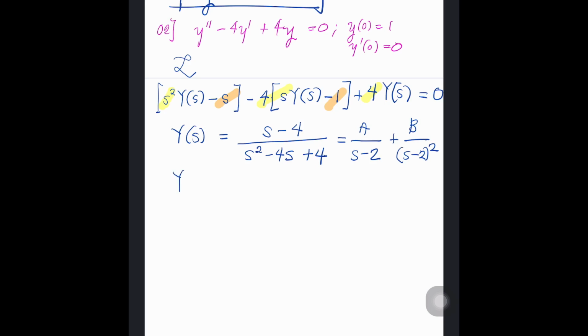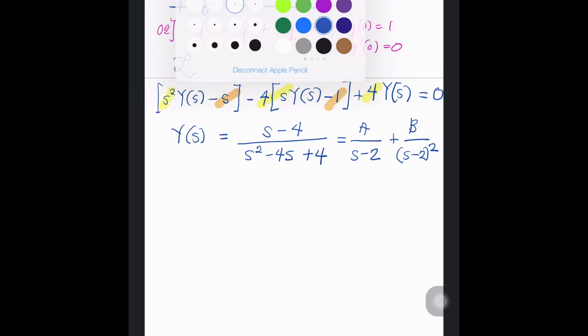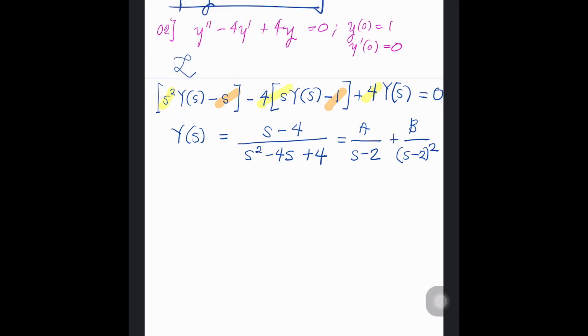So for Y of s, we multiply this equation by its LCD. What's its LCD? S minus 2 quantity squared.